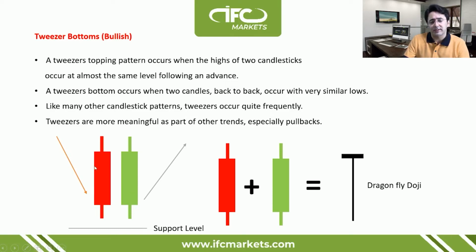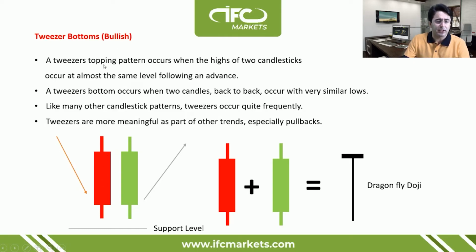First you see the red one and then the green one, the bearish candle and then the bullish candle. The bottoms of the candles should start at the same level. It is even better if their bodies, at the beginning and at the end, are exactly at the same level.